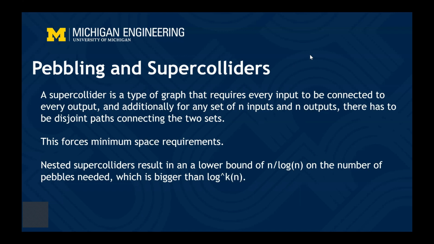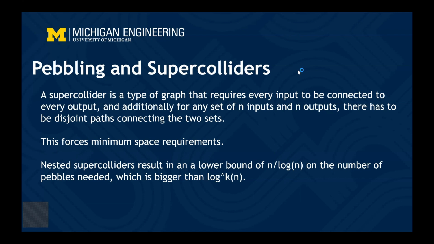And if you can show a lower bound on the number of pebbles needed to pebble, and when I say pebble, I mean have at some point pebbled every vertex on the graph, signifying that you've computed every node. And so if you wanted any particular node, you've computed it at some point.